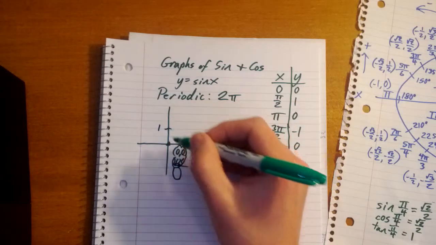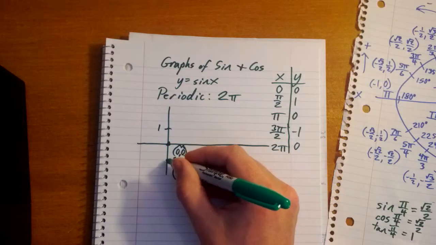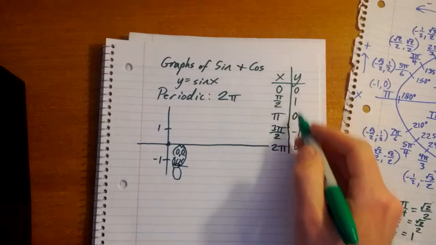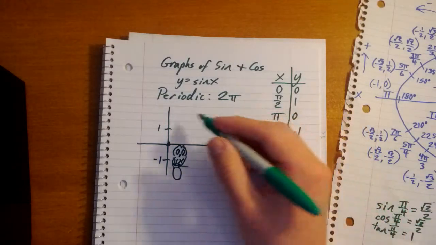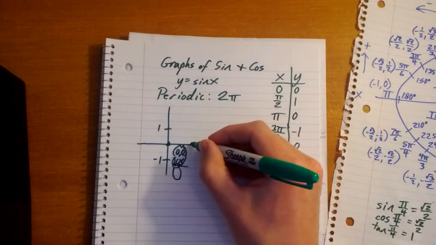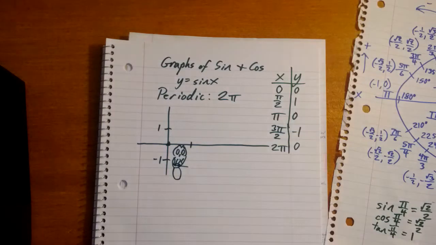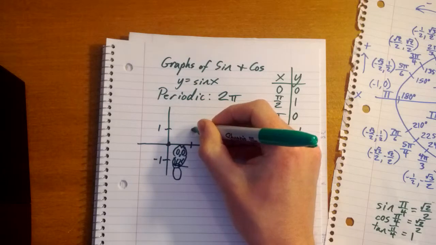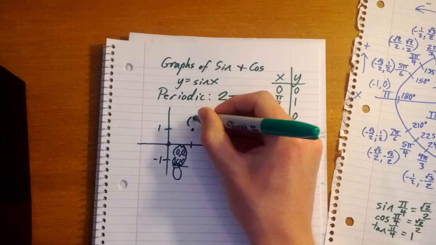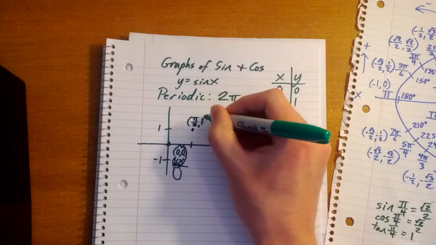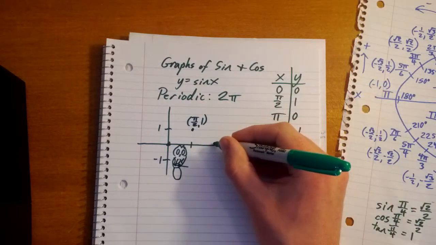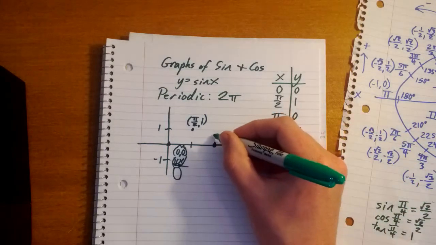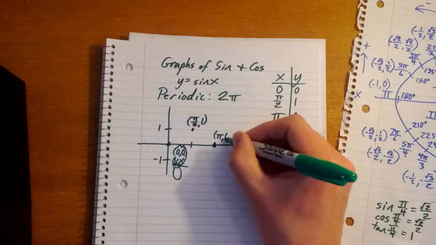Okay, let's mark where our 1 is and -1, because we're going to be going back and forth between those two. Our next x value is pi over 2, and that is at 1. So we have a point here at pi over 2, 1. Next is pi, that's at 0, so we have pi, 0.